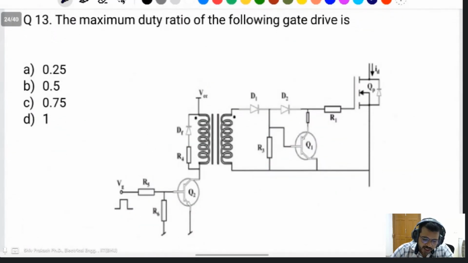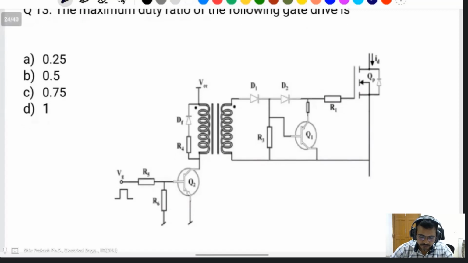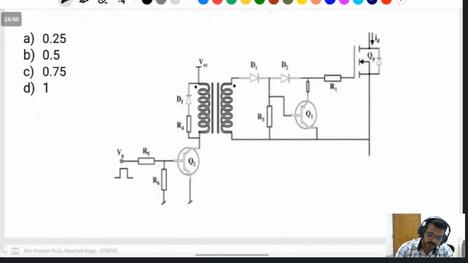The maximum duty cycle ratio of the following gate driver. Can anyone guess, and how? There is a transformer.